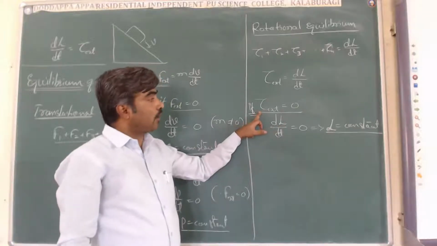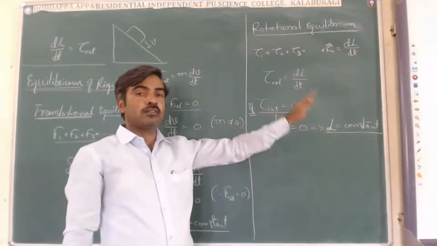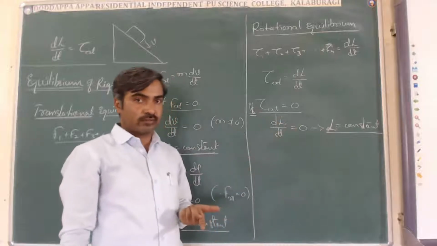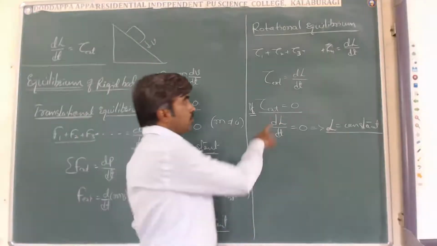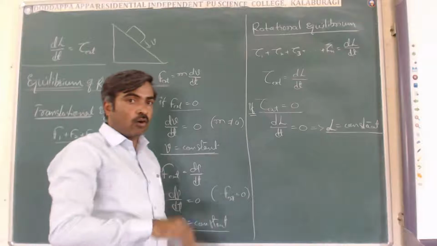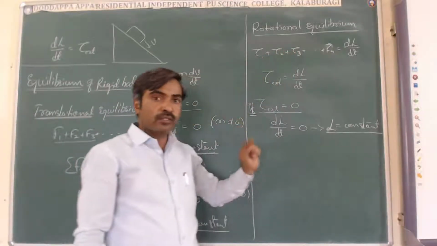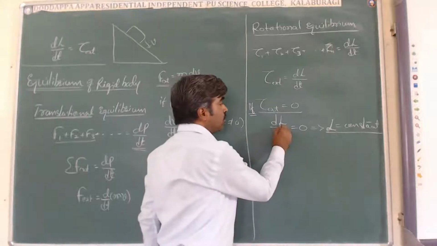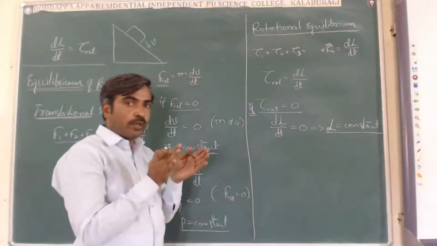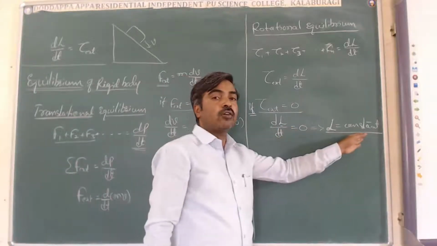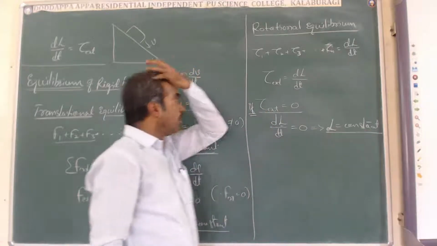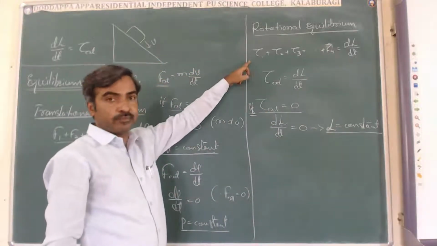When the torque is applied, only then the rigid body will show the rotational effect. But all the torques acting on the body should be such that they do not change the angular momentum. It should maintain constant angular momentum. That is the meaning of rotational equilibrium.